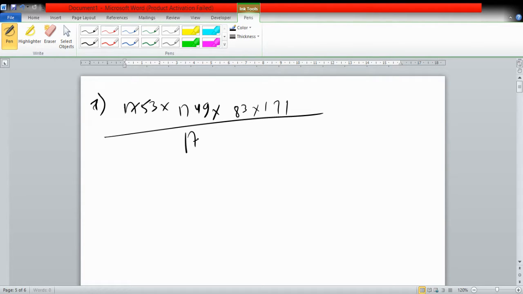If you are dividing by 17, you take the last two digits of each number. 53 divided by 17 is plus 2. 49 divided by 17 is minus 2. 83 divided by 17 is minus 2. And 171 divided by 17 is plus 2. Now you multiply here: 2 into minus 2 into minus 2 into 1, and it will be equal to 8. So that is the remainder we got.